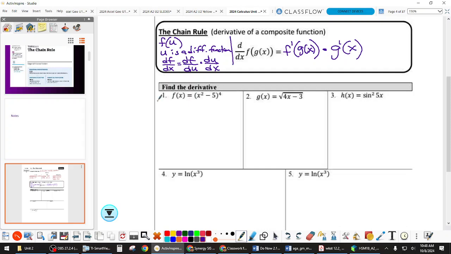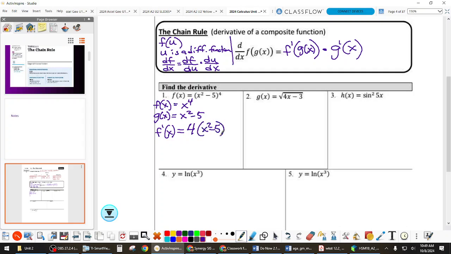So on these first two, let's make sure we're identifying f and g. So what is f of x in this case? And then g, x squared minus 5. Okay? So f prime of x. What do we do first? So looking at this version, we need to differentiate f. So 4x to the third, but x is g, right?